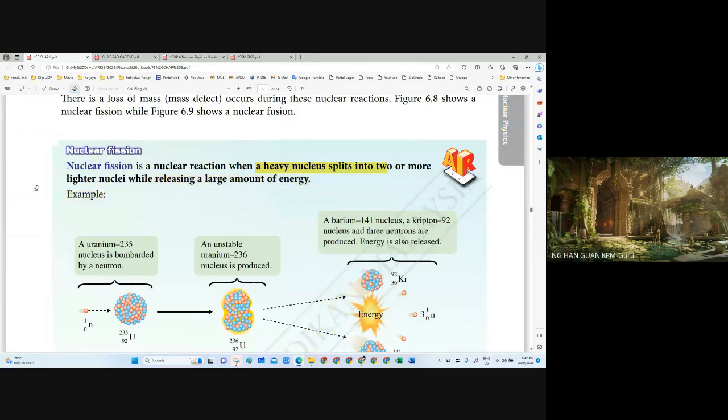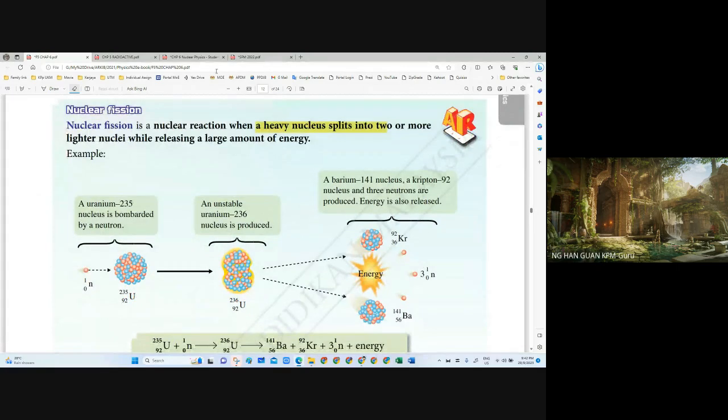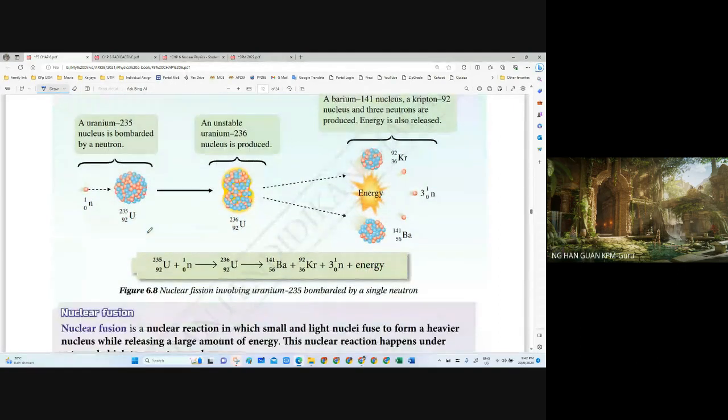Before we learn about chain reactions, we look at what is meant by nuclear fission: one heavier nucleus splits into two or more lighter nuclei. Originally we have uranium-235. Uranium-235 itself is radioactive, an unstable nucleus, with a long half-life.